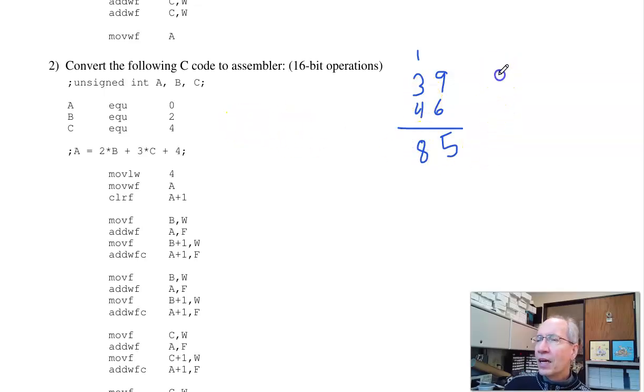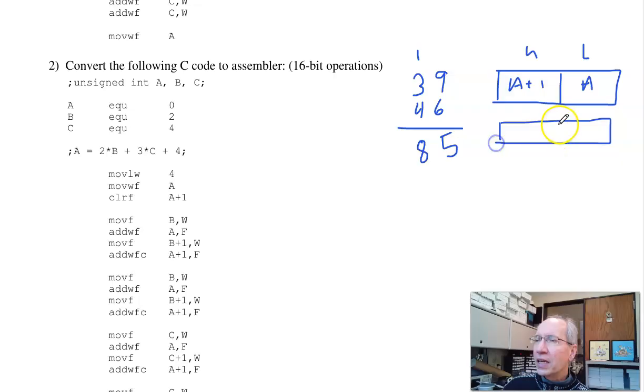Same thing here. Let's just say A is memory location A plus 1. That's the high byte and low byte. I've got B. I'll store the low byte at B and B plus 1.